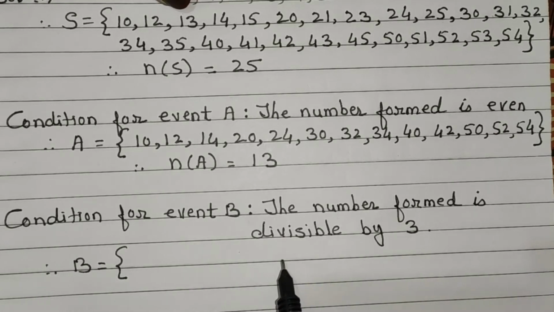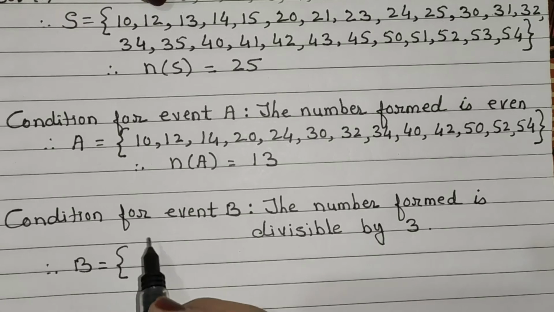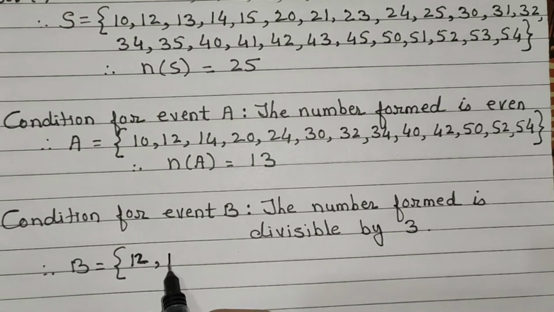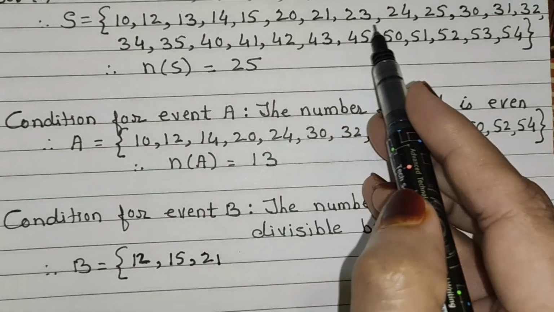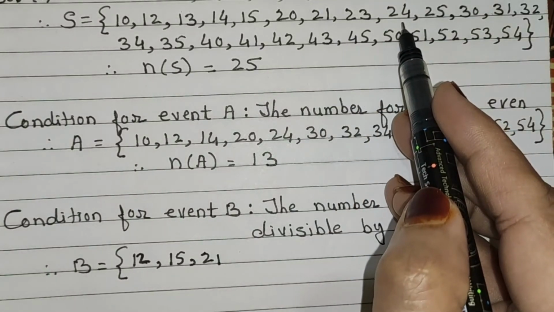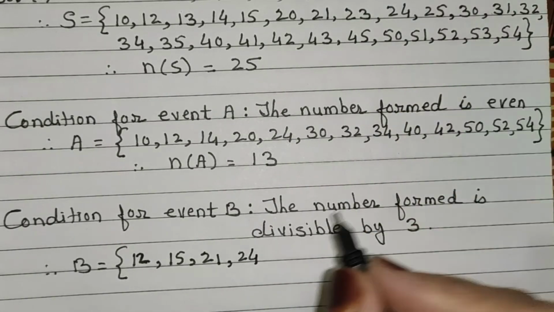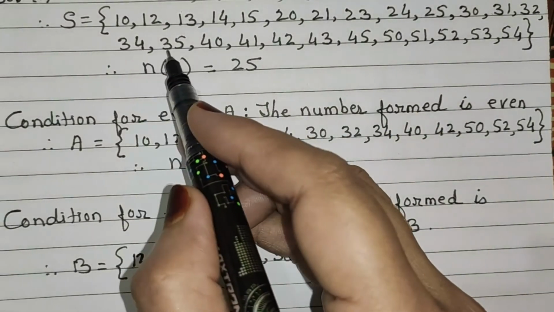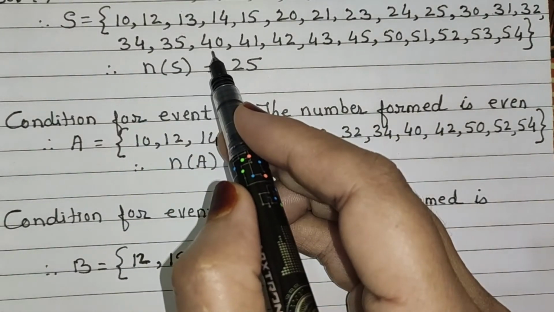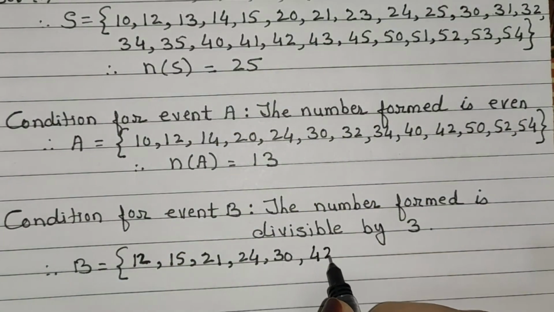Write down the numbers from the sample space which are divisible by 3. 12. Next one is 15. 21. Next 24. 30. Then 42, 4 plus 2 is 6.